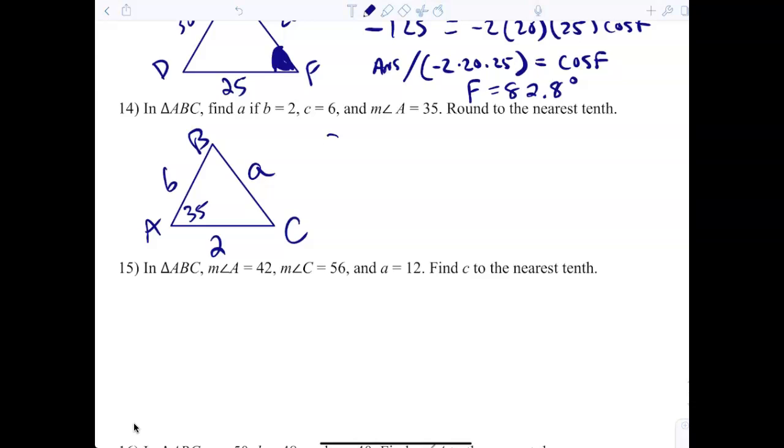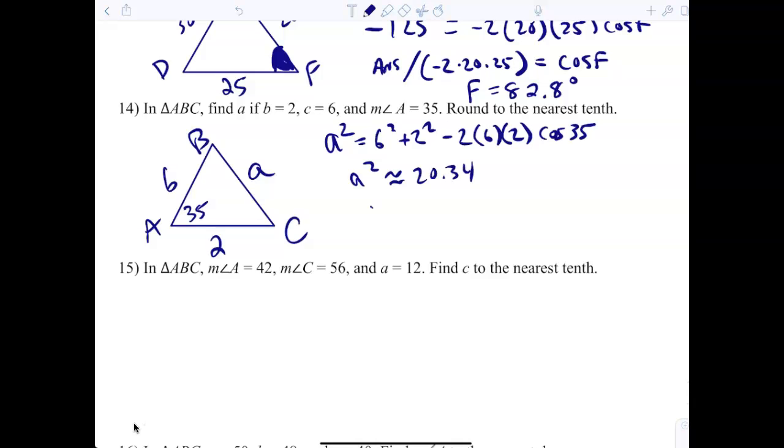So now A squared is equal to 6 squared plus 2 squared minus 2 times 6 times 2 times cosine of 35. Just type that straight into the calculator. And so A squared is roughly, who did that? How much? 20.34. So A is approximately 4.5. Anybody else have any issues?